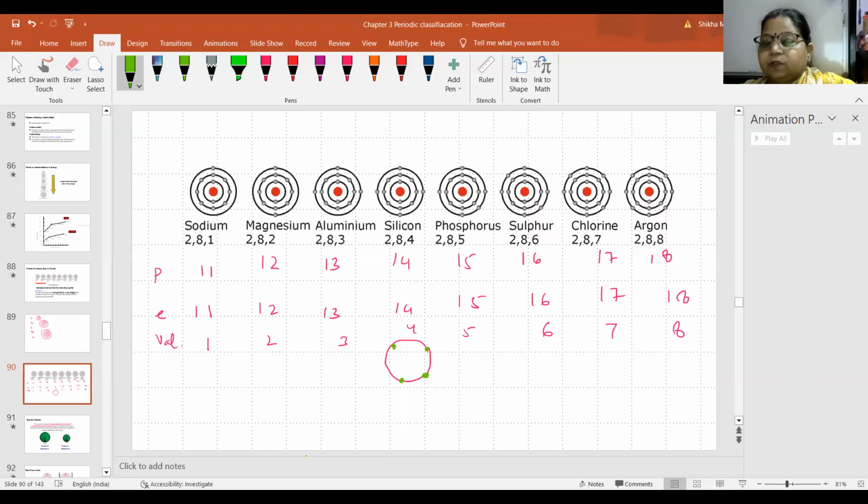If I'm drawing it for chlorine, the same circle, imagine that whatever I have drawn is of the same radii, it will be attracted towards the center at 7 places. And if I draw similarly for sodium, it will be attracted towards the center only at 1 place, right? So what do you think? Which will shrink in size? Is it sodium or chlorine?